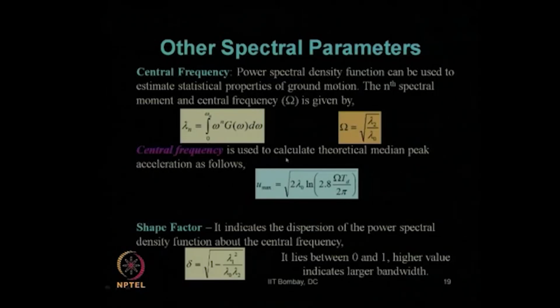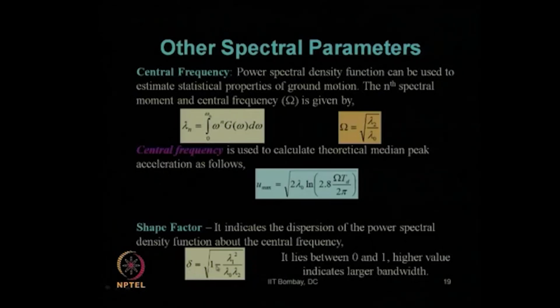So, central frequency is used to calculate the theoretical median peak acceleration using this expression. This value of capital omega you can use further to calculate the U max value in this fashion. And the Sheff factor indicates the dispersion of the power spectral density function, the PSD, about that central frequency, how it varies with respect to that central frequency.